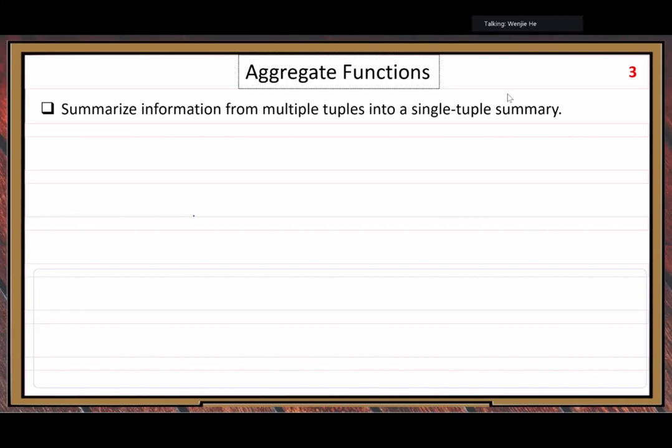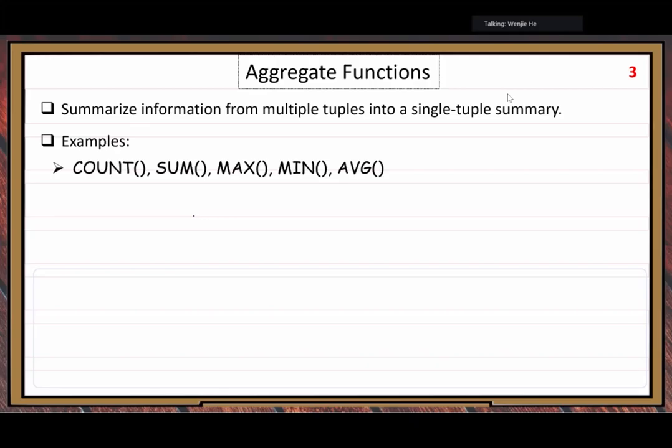Aggregate functions summarize information from multiple tuples into a single tuple summary. When you apply a function, you get a single value, but you apply the function on a table, on multiple tuples. For example, the count function: you count the number of rows in the table, so you get one counting number.